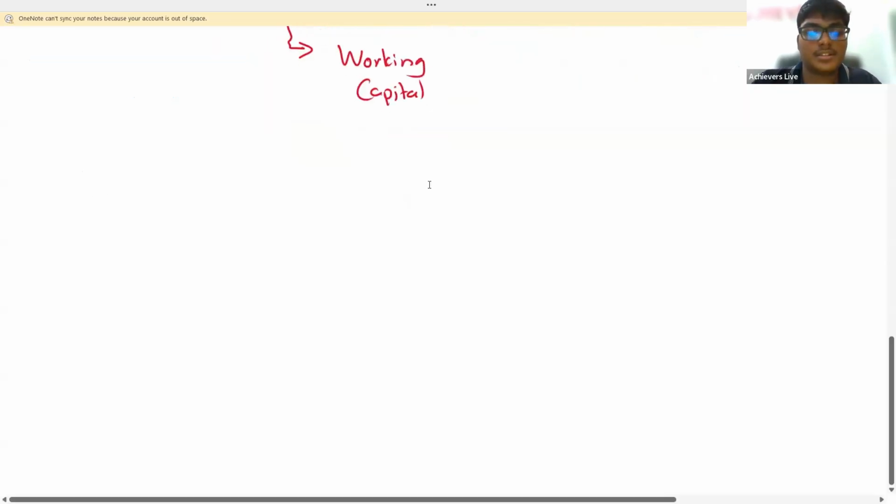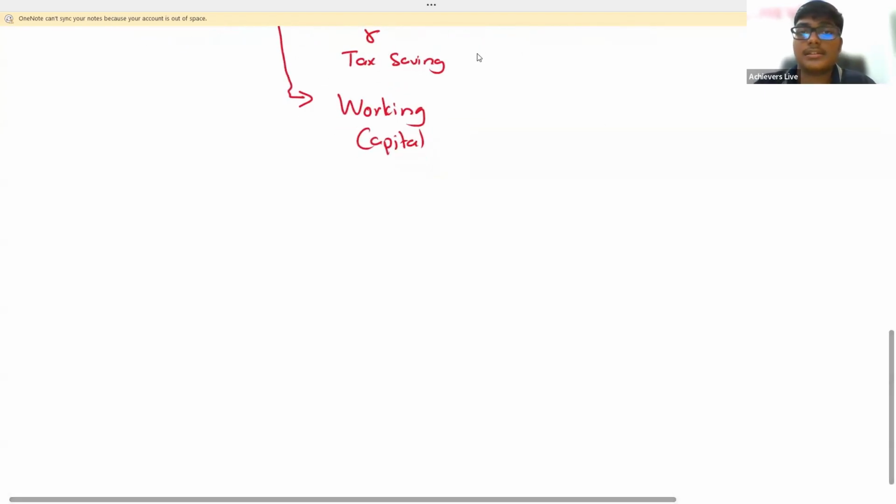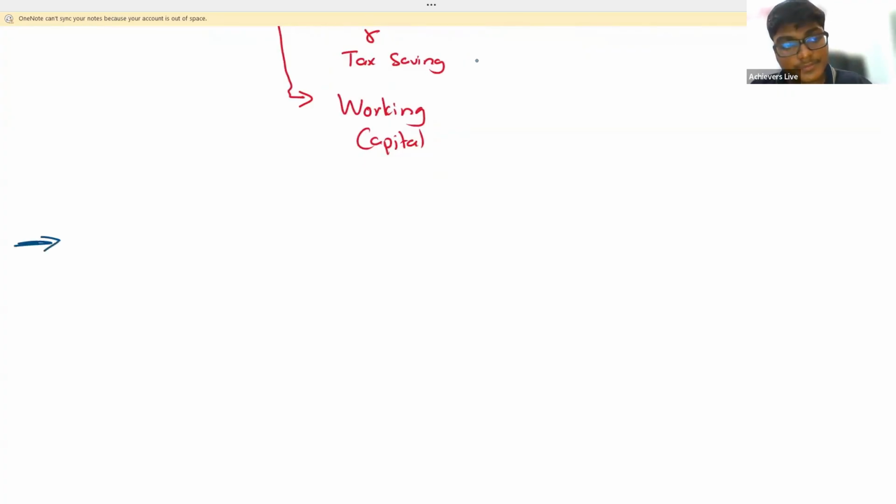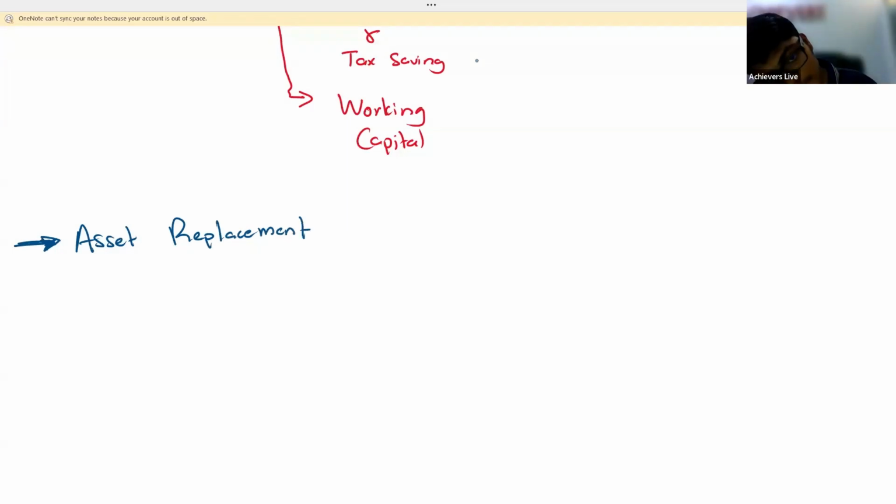Next thing which we have to look at, what is it? Asset replacement decisions. Under that, first thing is lease versus buy.